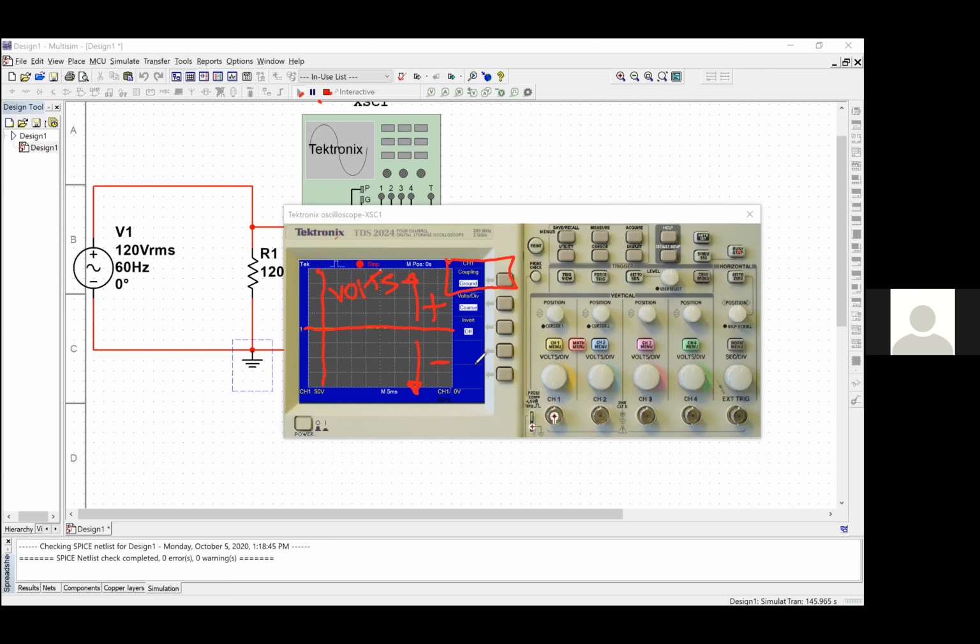Now, as I was saying before, the reason why we default to ground is because when we have the ground, we have a voltage potential which is equal to 0 volts. That's why all electrical systems are grounded. Why are they grounded?